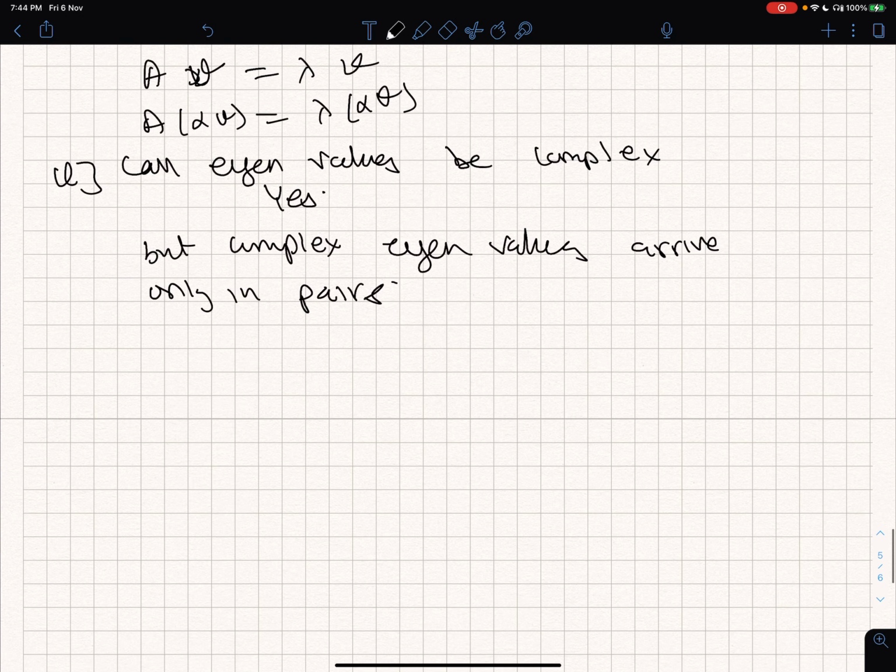That's the only important thing that you need to understand. So take a simple example. A is equal to [0, 0; 1, 1]. So what is sI minus A?